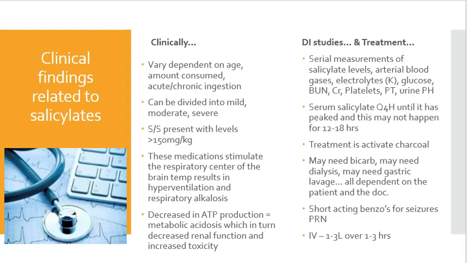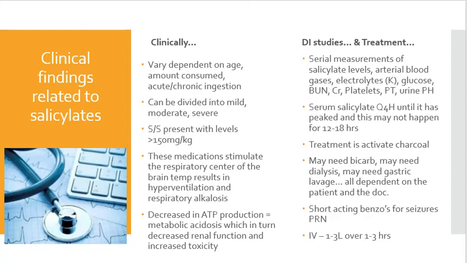Urinary alkalinization is an effective method of increasing renal excretion in patients who exhibit moderate toxicity. And this is accomplished by adding 100 milliequivalents of sodium bicarb to each liter of IV fluid and infusing it at about 200 to 300 mils per hour.